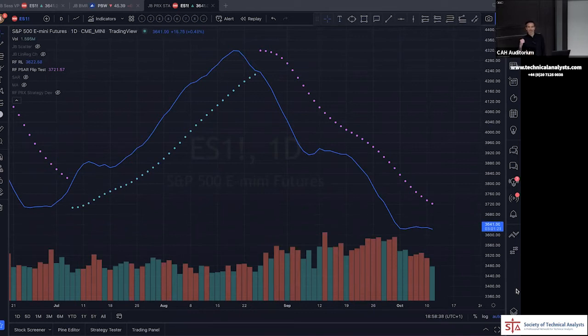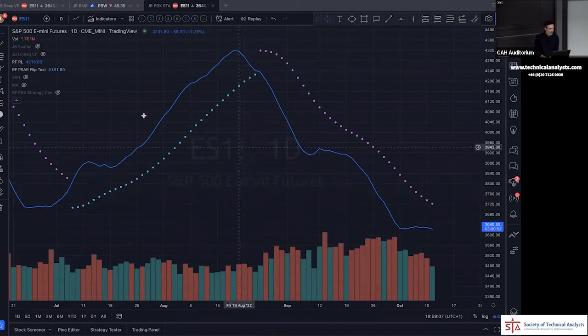The P is the PSAR, the R is the RL, or the moving linear regression curve, and the X is essentially a cross or a flip. So we're paying close attention to when this RL line causes the P to flip over, and then we're using that as a trend, and trying to hop on and stay on the ride.